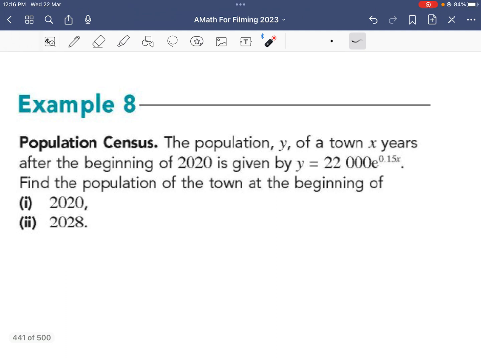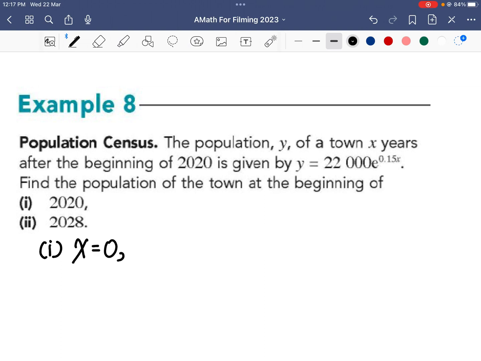But for this question, what they want us to do is find the population at the beginning of 2020. At the beginning of 2020, no years have passed, so my x value should be equal to 0. We are right at the beginning.